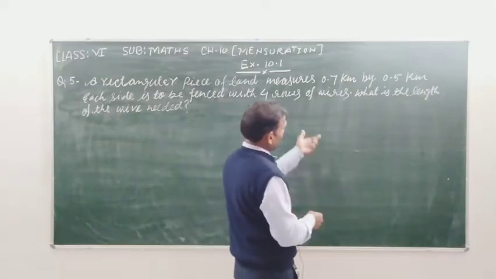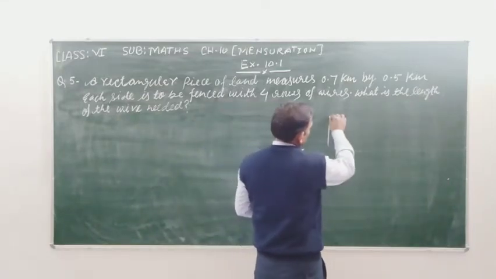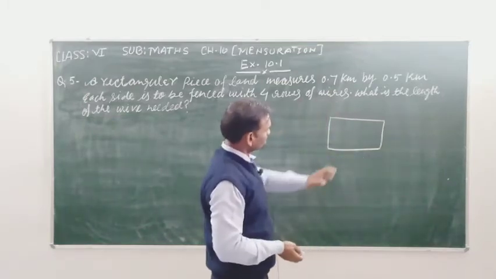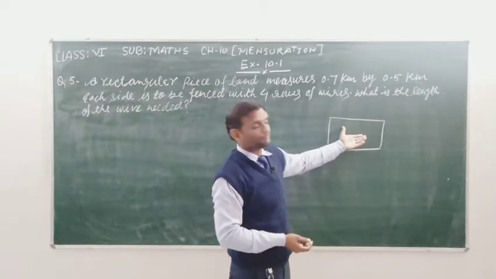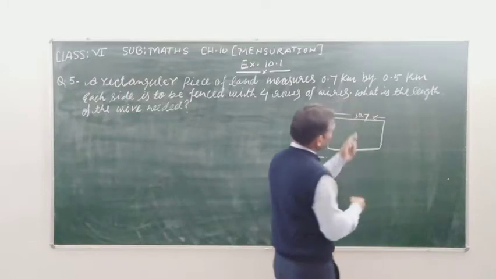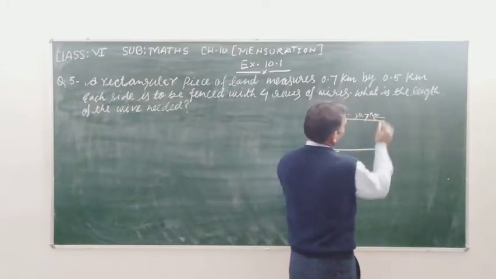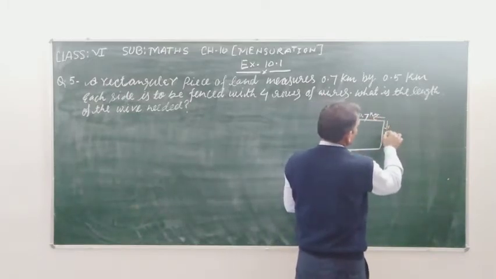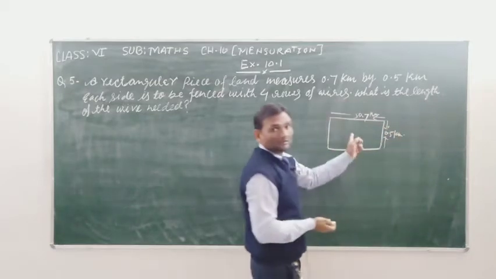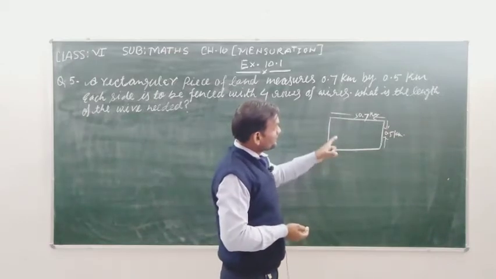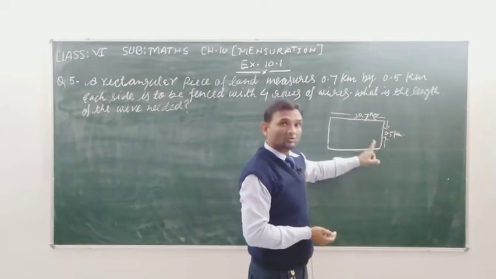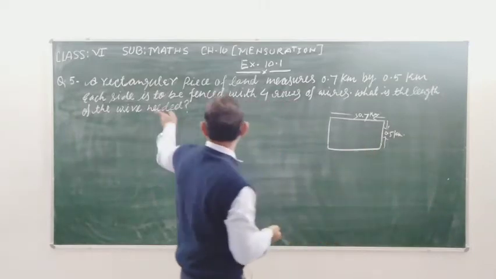So, student, suppose that this is a rectangular land, and the length is 0.7 kilometer, and breadth is 0.5 kilometer, and you need to fence it. You need 4 rows of the wire.